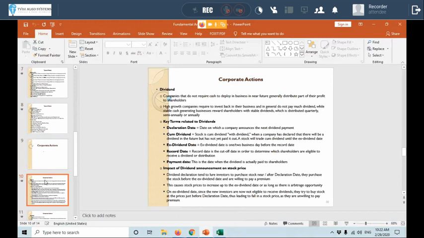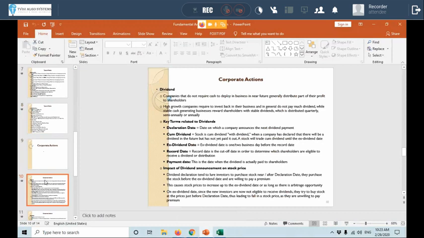Now, whenever a company declares the dividend, there are certain actions in the stock prices. So we will first understand what they are. Whenever a company announces the dividend, that is called the declaration date. This is the date on which the company announces when it will pay the dividend, right?